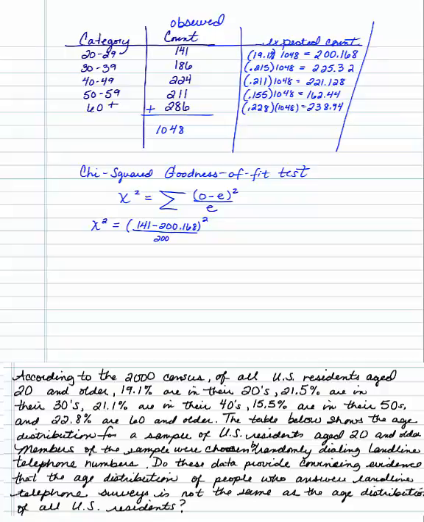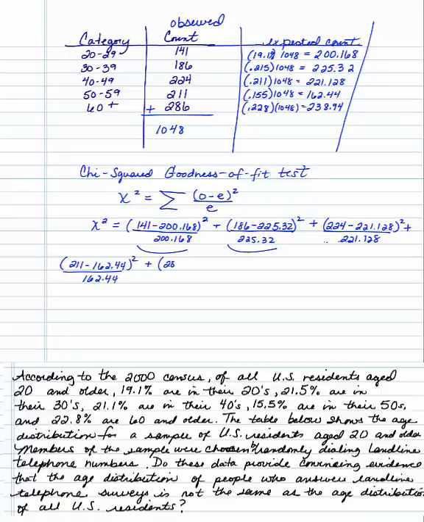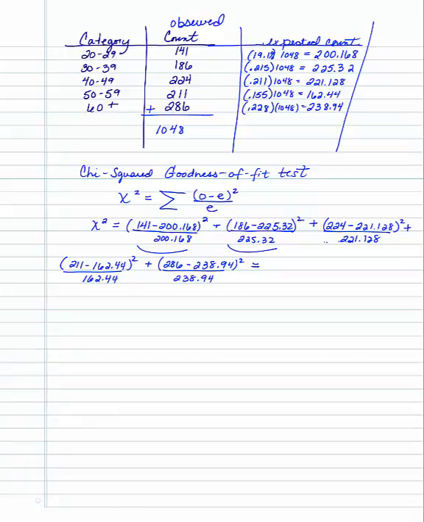Square and divide by 200.168. Add it up and add it to the next ones. The first component I got was 17.49.